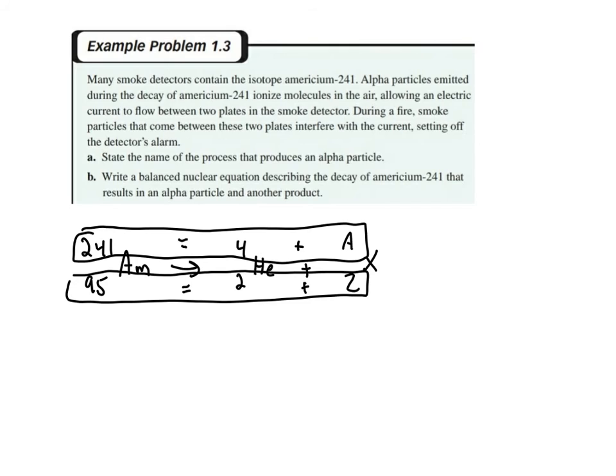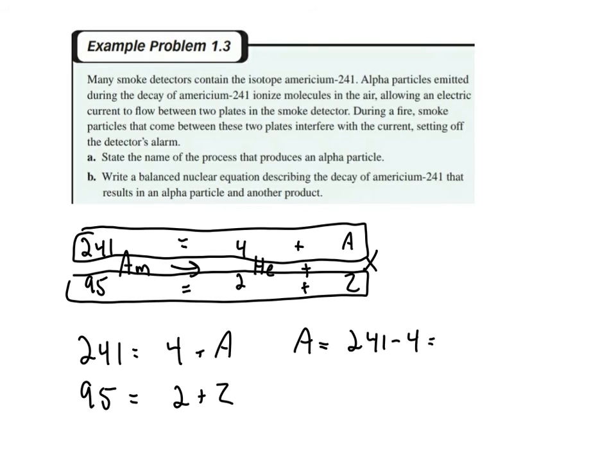We can put this mathematically if we want. So 241 is going to equal 4 plus A, that's the top number, which is equal to the number of nucleons. And then the bottom number, 95, is equal to 2 plus Z. That's going to equal your number of protons. So A in this case is going to equal 241 minus 4, which is obviously equal to 237. And then Z is going to equal 95 minus 2, which is equal to 93.